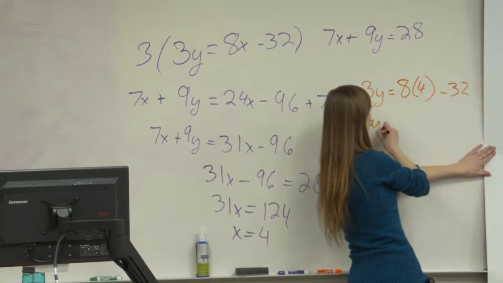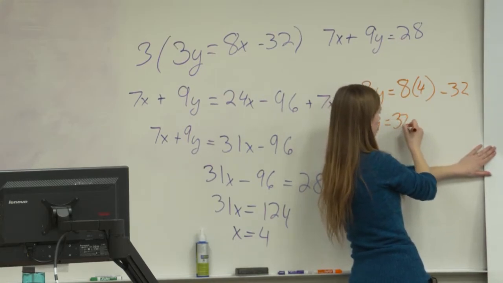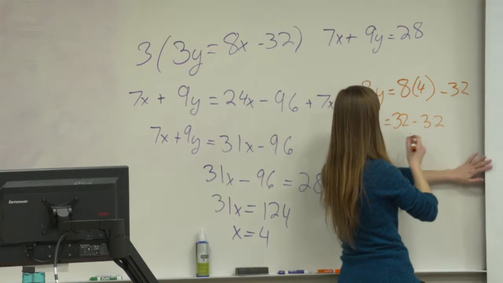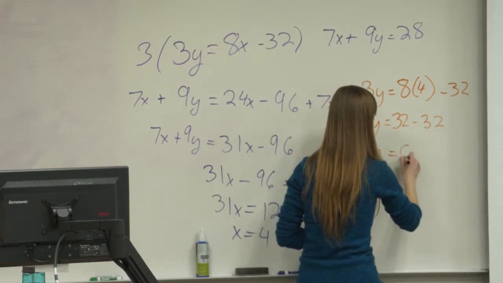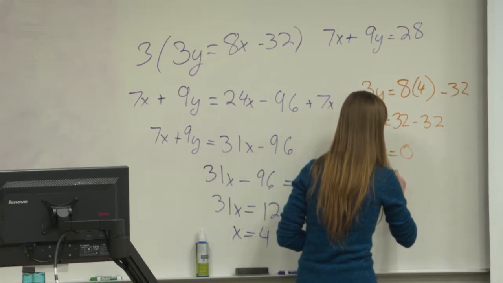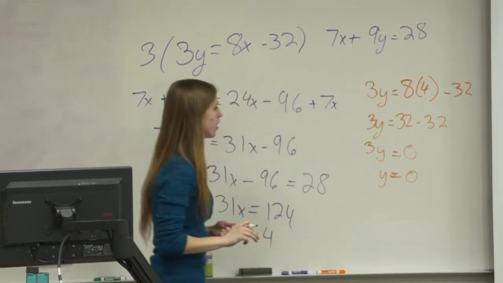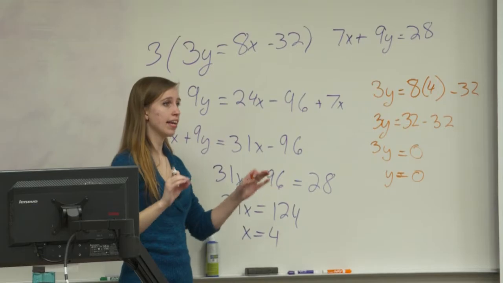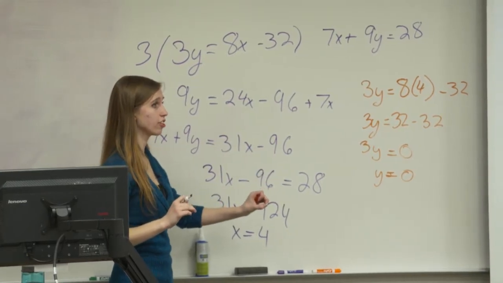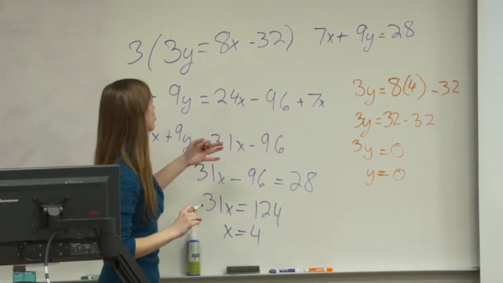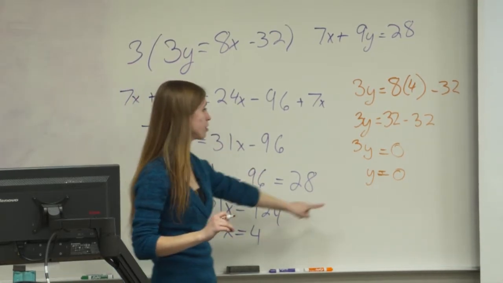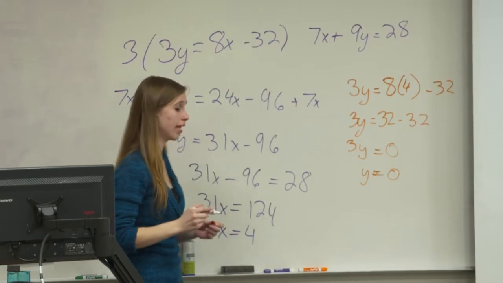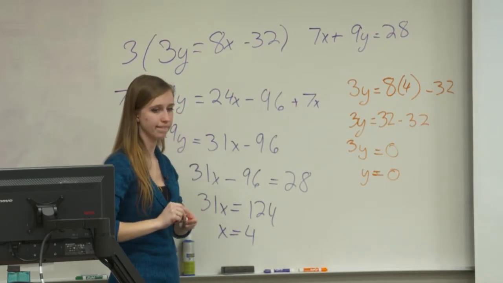So 3y equals 32 minus 32, which means 3y equals 0, y equals 0. So without using any of the preset steps that I learned in algebra, and understanding what the equations were saying and what they were talking about, I was able to find answers for both x and y.